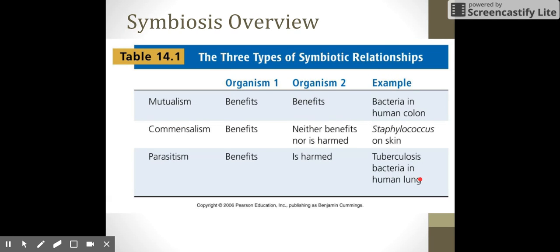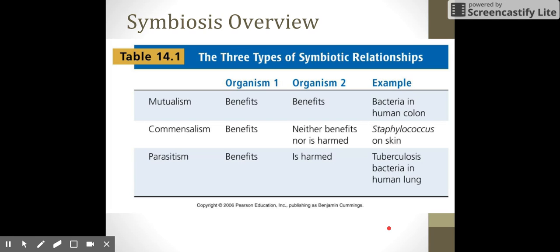Our final slide here is just a brief overview of symbiosis that I really, really like because all of the examples are actually involving bacteria that exist on us or in us that we don't tend to think about. The first one here is mutualism, where both organisms benefit again, and that's bacteria in our colon. In our intestines, that bacteria is breaking down all that food so that we can go ahead and get our nutrients from it.